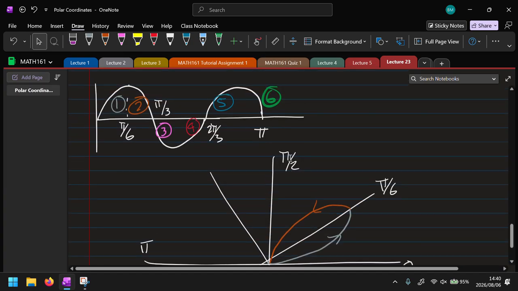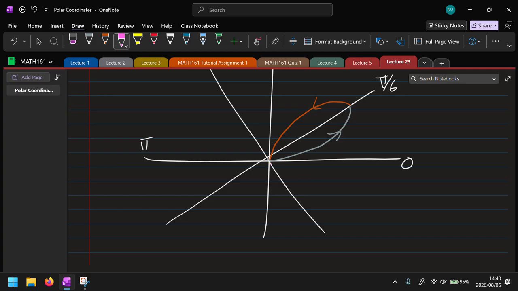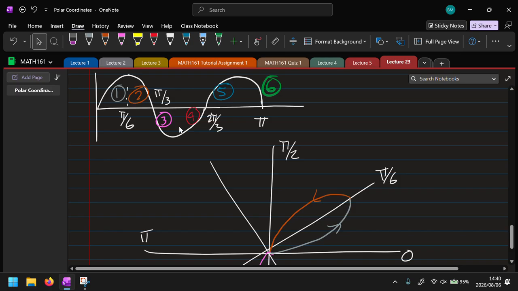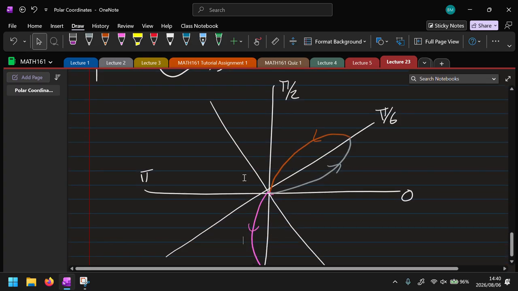Okay, that color was pink. Because that was the pi over 3 to pi over 2. Okay, so it should have been in this top portion here, around the 60 degree area, but it's negative, so we flip over and we need to draw it here.